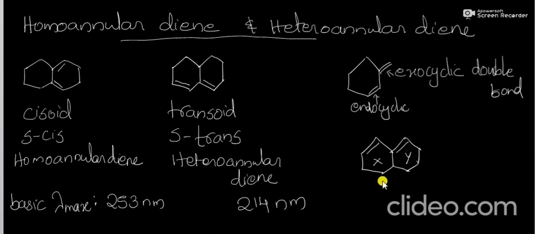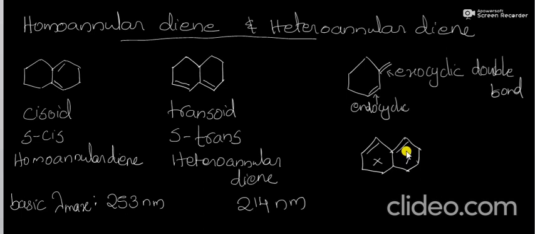It should be understood that a double bond, while being endocyclic to one ring, may be exocyclic to another ring. Sometimes the same double bond may be exocyclic to two rings.